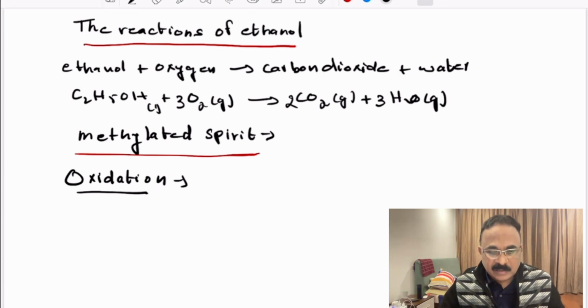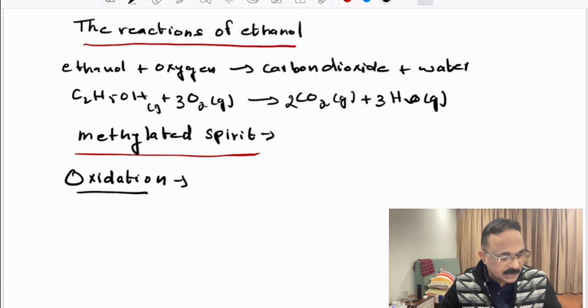It's formed when we expose wine or other alcohols to oxygen, then gradually it will turn into vinegar. But in the lab we can forcefully and very quickly convert it into ethanoic acid by using a very strong oxidizing agent.